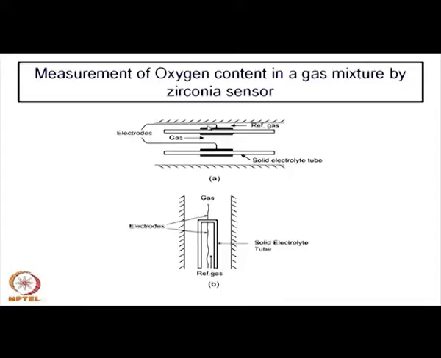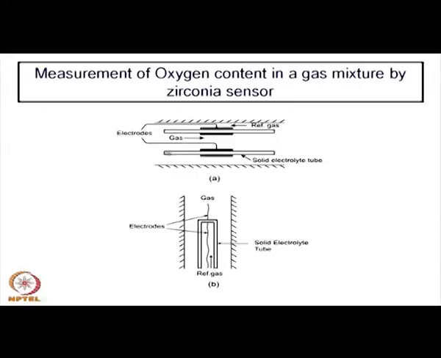The inner electrode is inside the tube and the outer electrode is outside the tube. They are exposed to two different gases, and that will generate an EMF. So, you measure the EMF, and knowing the partial pressure of air, you know the partial pressure inside. This is a very simple setup to measure the oxygen concentration in a flowing gas utilizing a zirconia oxygen sensor. The tube wall actually acts as a sensor, very simple thing.